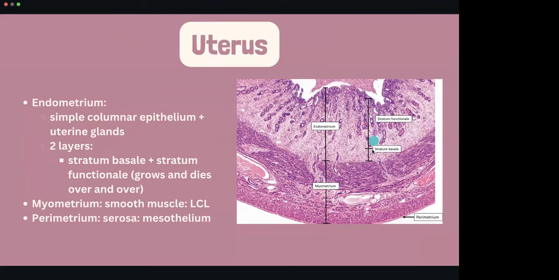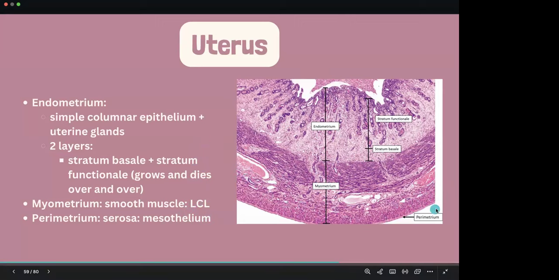So this is the stratum functionale, and this is the stratum basale. The endometrium is simple columnar epithelium with uterine glands. And then you have the myometrium, which is the smooth muscle, inner longitudinal, middle circular, outer longitudinal. And then you have the perimetrium, which is the serosa, and it's lined by mesothelium.